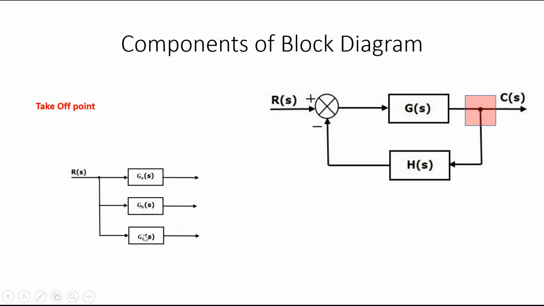For that we are using this takeoff point. It can be at any point, the output or in between the blocks, anywhere. For making the same signal the input of a block or another part, we use the takeoff point. So these are the components.